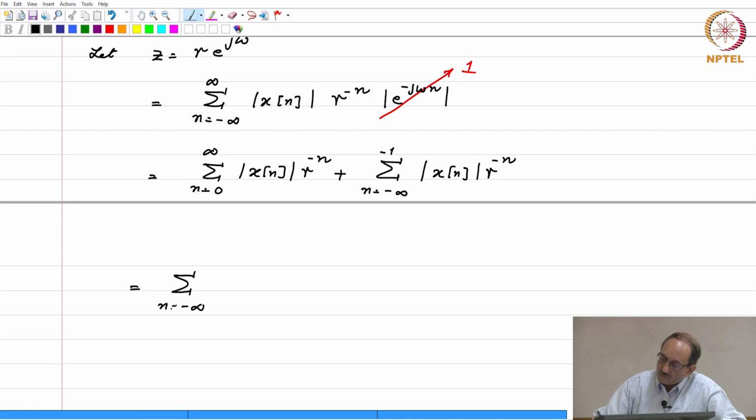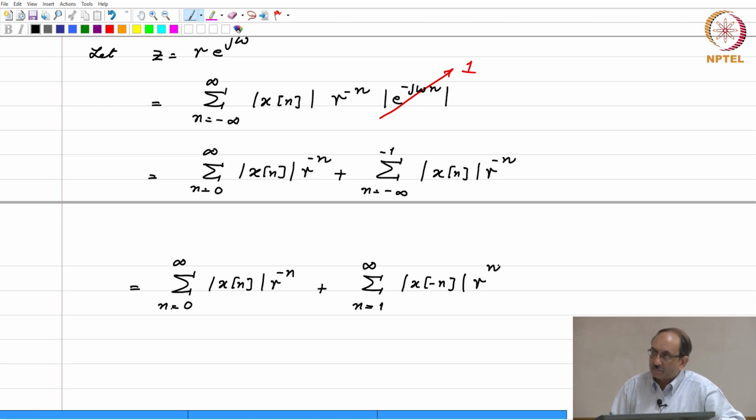First term remains as it is, and in the second term we will replace n by minus L, and then we will relabel L as n once more. Therefore, this is nothing but the sum over n going from 1 to infinity of magnitude of x of minus n, and this is r to the n.